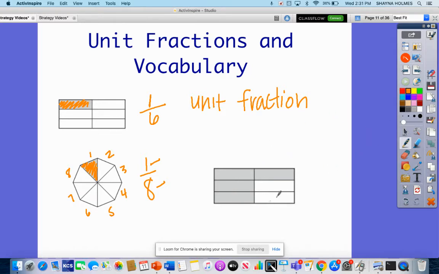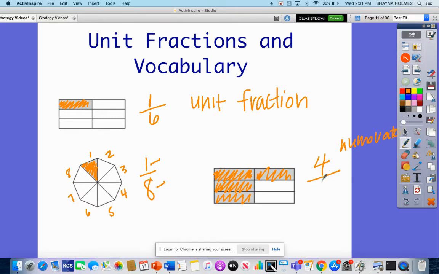Now let's look at this one right here. This one has more pieces shaded in. We have 1, 2, 3, 4 pieces shaded in, so this is our numerator.